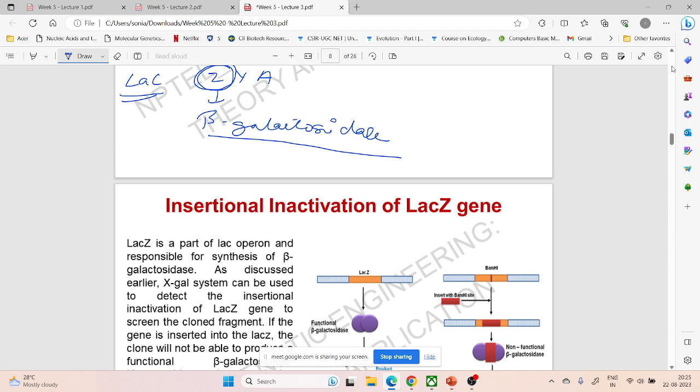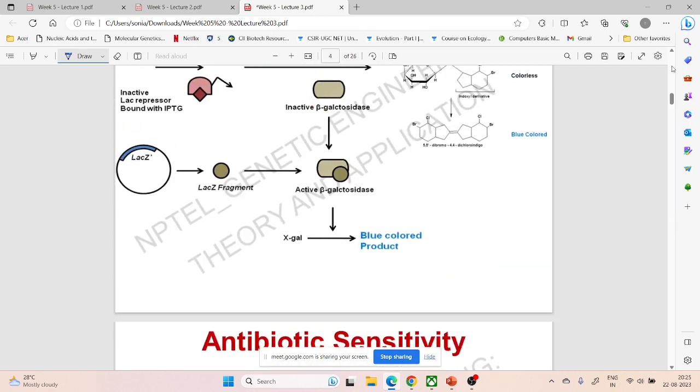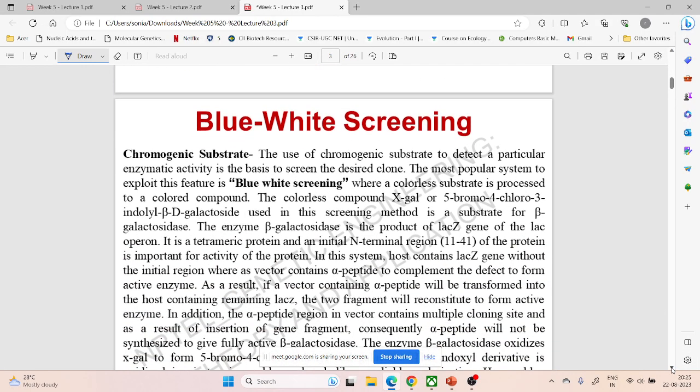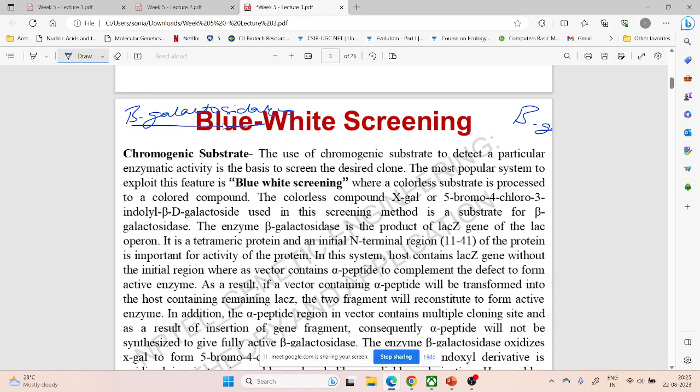That all is clear. Now in blue white screening, this beta galactosidase needs a substrate. So that substrate is known as X-gal.